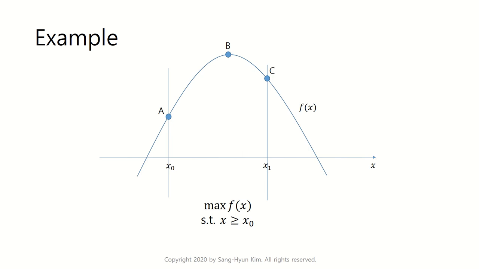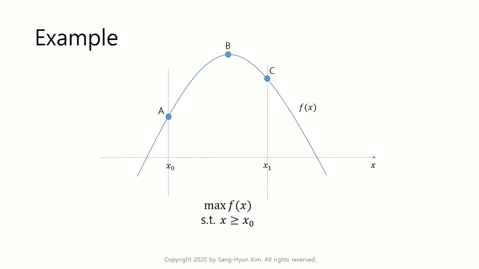So our objective function, the function that we want to maximize, is f of x. So f of x is our objective function. Let's say it's our utility function, and in this problem we have just one constraint, which is x should be greater than x0. Okay, so we have this one constraint and we want to maximize f of x. Then what is the optimal point?